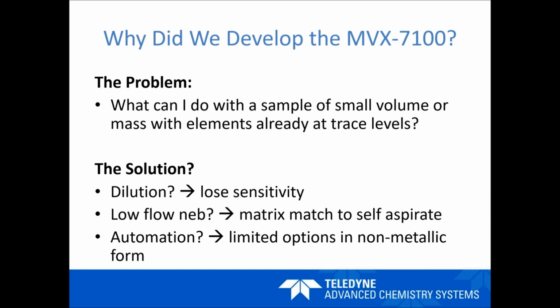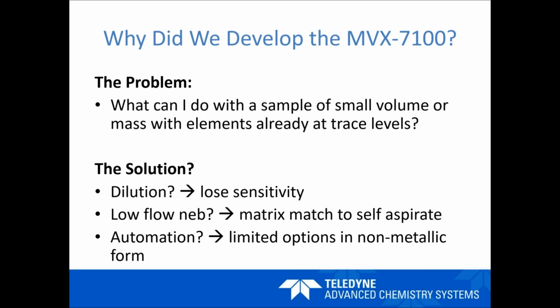So potential solutions to this. Well, the obvious first port of call is to take your sample and try and dilute it, put it into a greater volume, so then you can work with it more easily. You can work with other types of automation. You don't have to worry about flow rates, and it gives you something better to work with. Now that's fine.